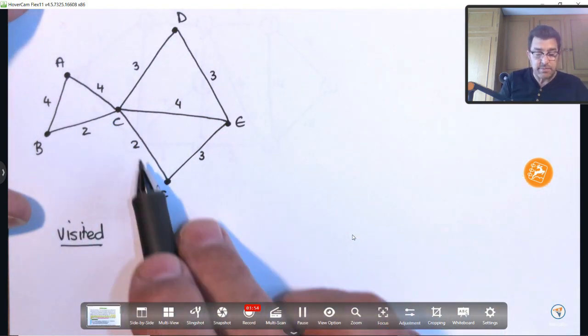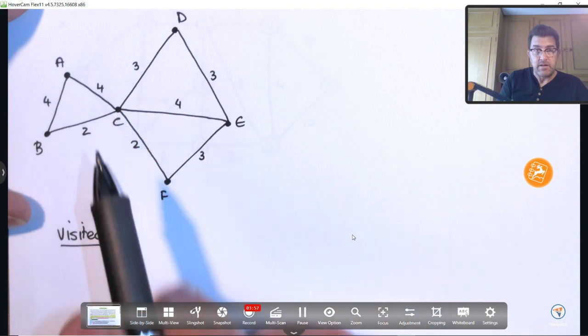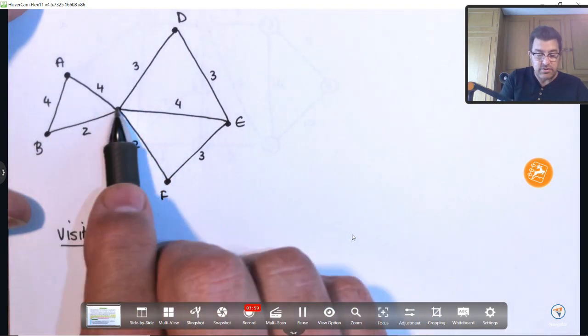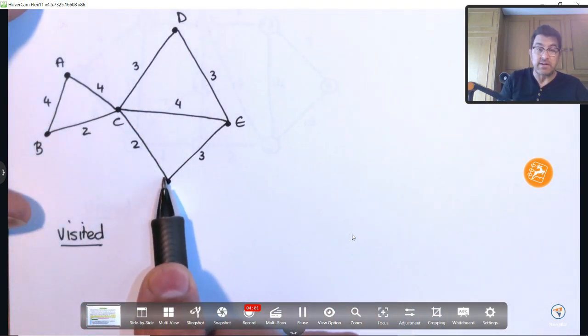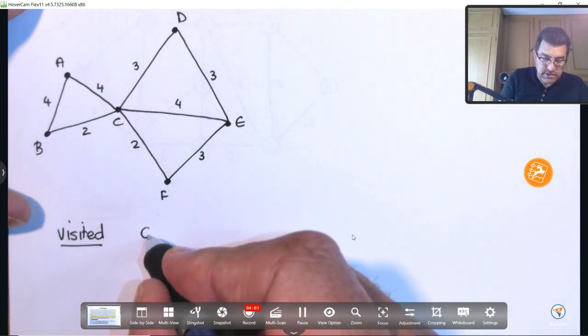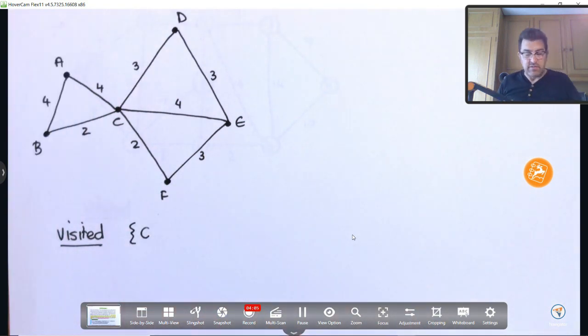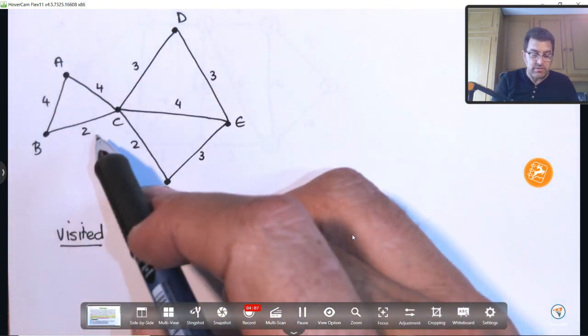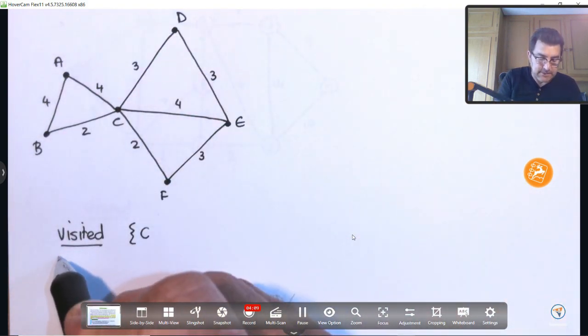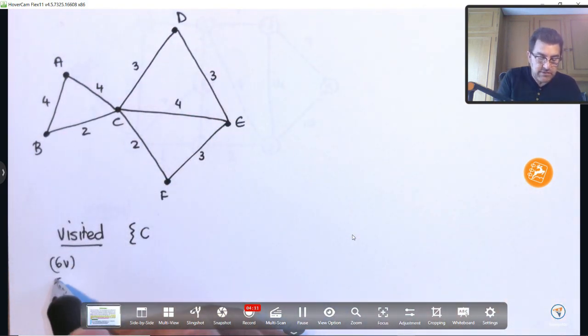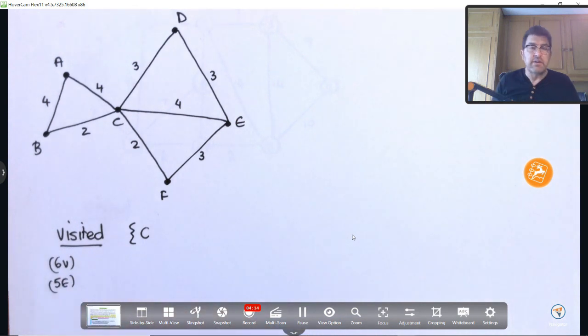A clever one to pick is C, because C has two minimum weights running from it. Okay, so we're going to visit vertex C. Now remember, there are 1, 2, 3, 4, 5, 6 vertices.